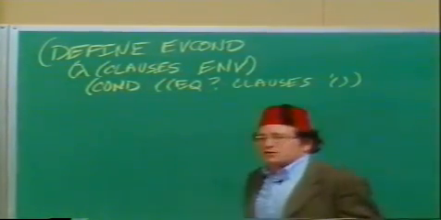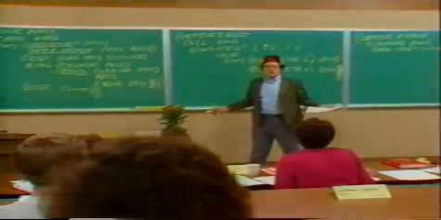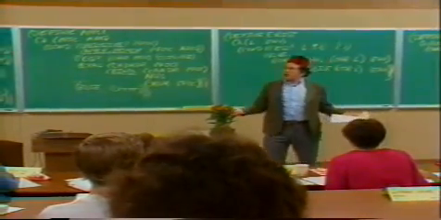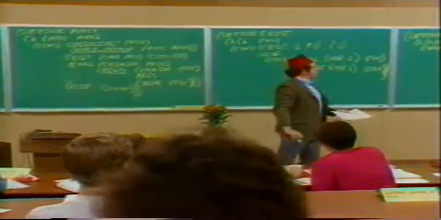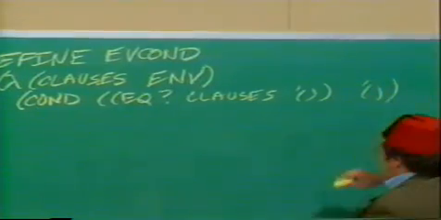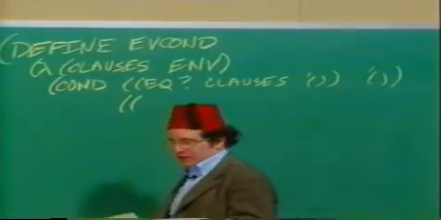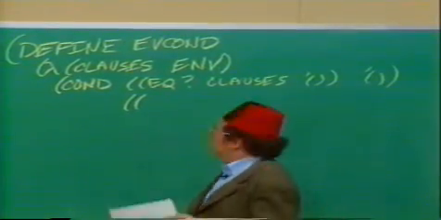It could be that it was an error. Supposing I run off the end of a conditional. It's pretty arbitrary. It's up to me as programmer to choose what I want to happen. It's convenient for me right now to write down that this has a value, which is the empty list. Doesn't matter. For error checking, some people might prefer something else. But the interesting things are the following ones.